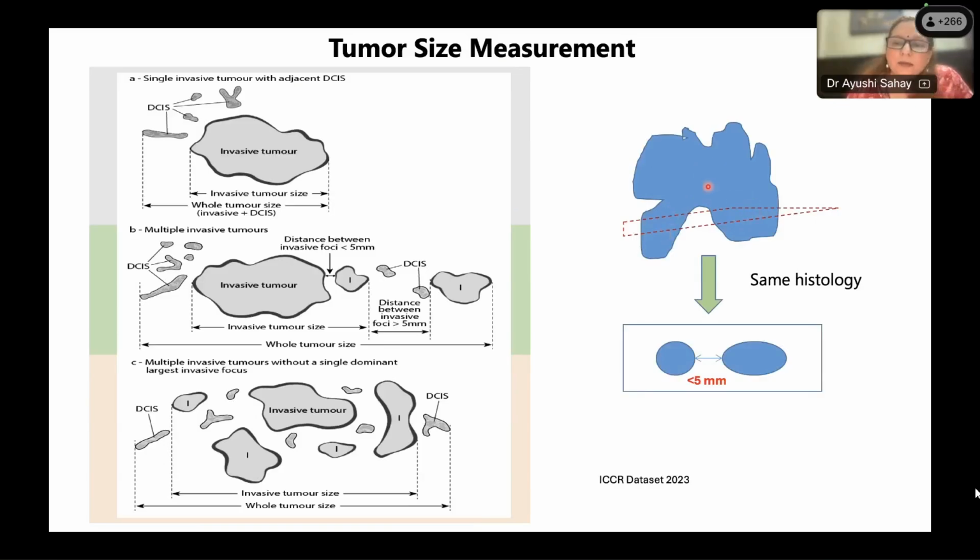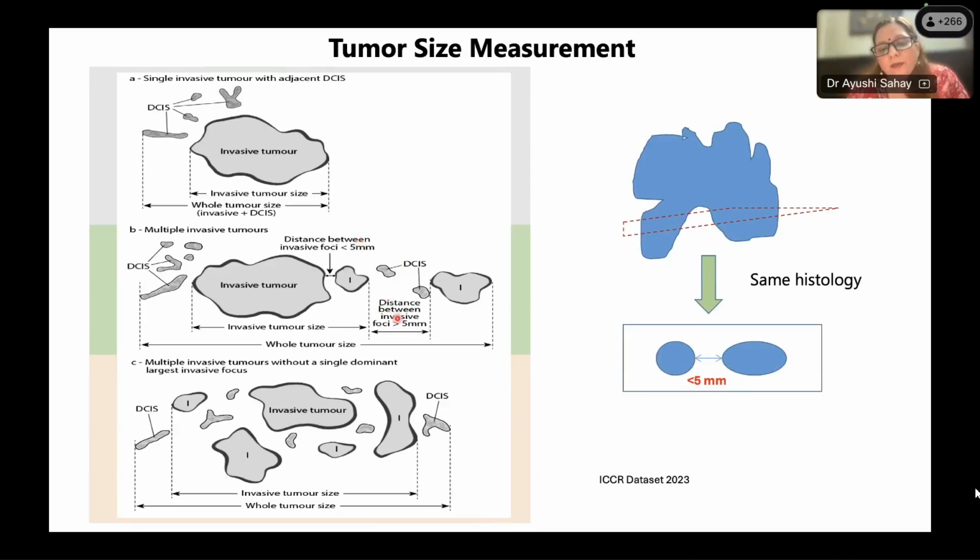So it is taken by convention. It is not under some kind of scientific evidence base, but by convention across the whole world, it has been taken that if the tumors have the same histology and they are within 5 millimeters of each other, then it is taken as a single tumor. But if they have a distance of more than 5 millimeters, they are considered separate tumor foci.